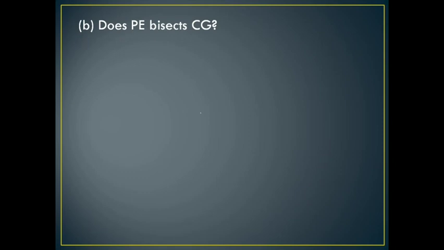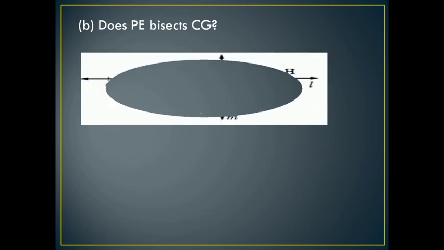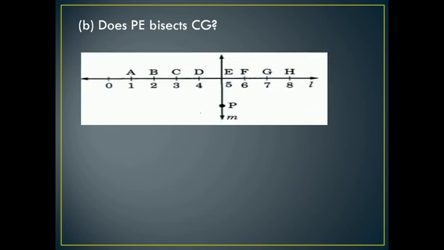Is it easy? Yes, it is very easy. Does PE bisect CG? Now look at this diagram. Where is the PE? This is the P and E. And CG. As they bisect, that means they are making the same parts. Now we will count the units.